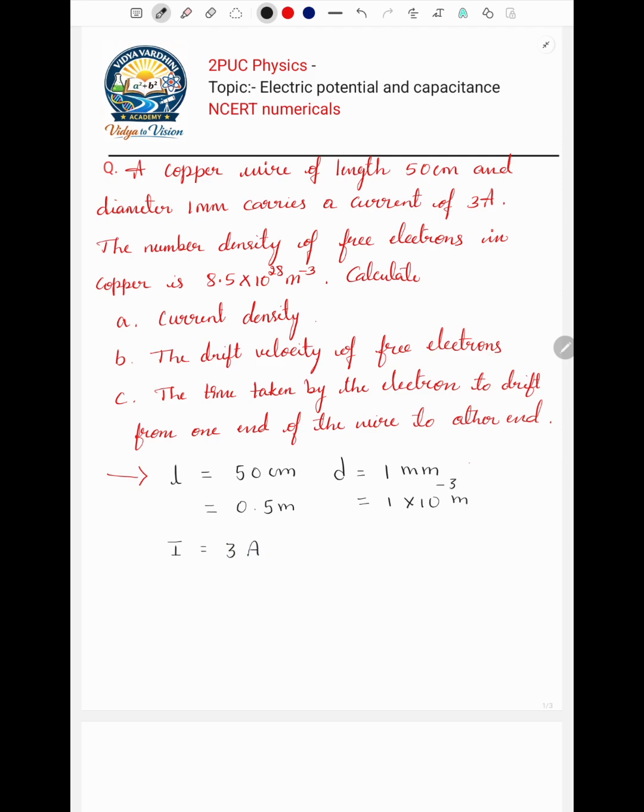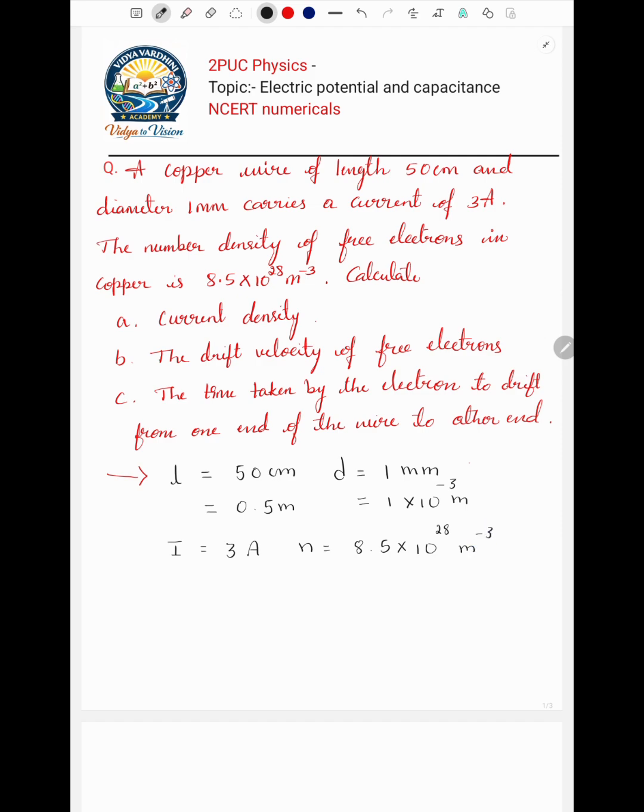Then they have told the number density of the free electrons, meaning the number of electrons in that copper wire. N is equal to 8.5 into 10 raised to 28 per meter cube.